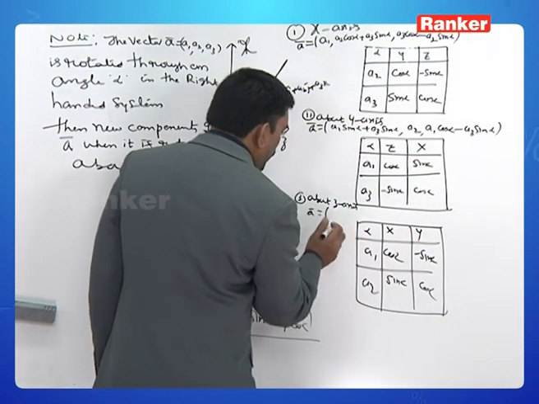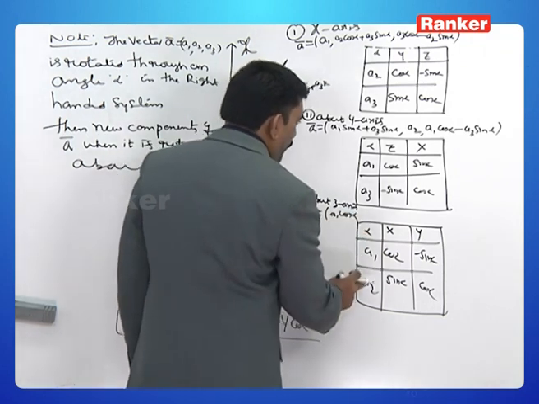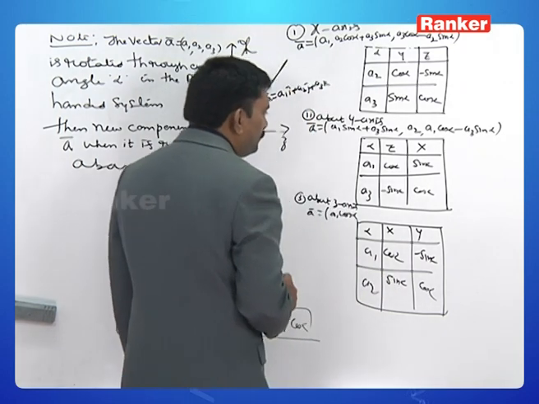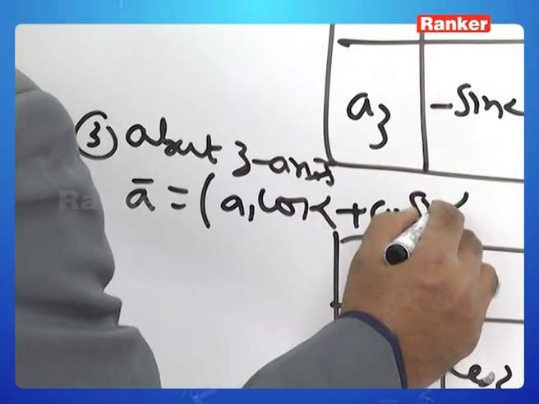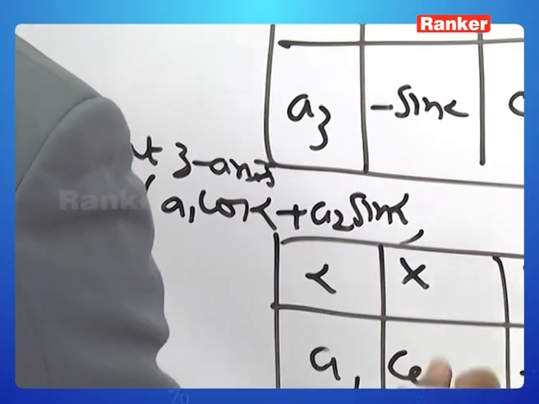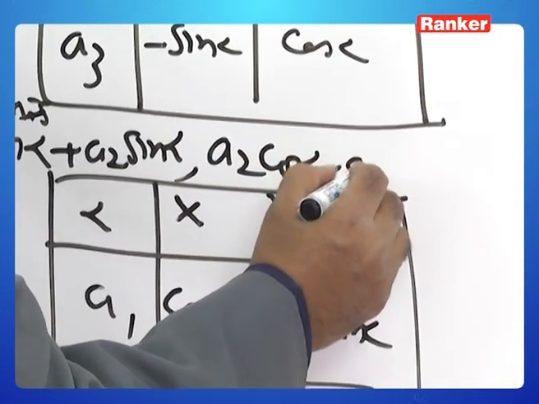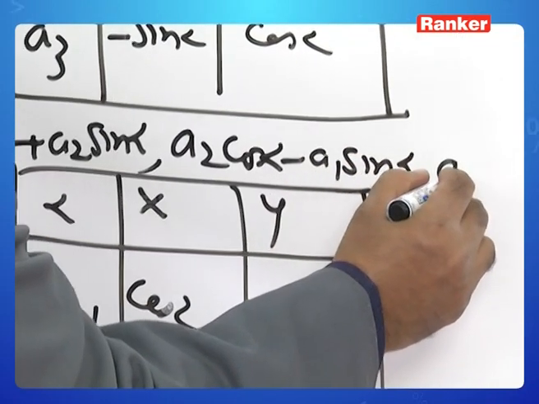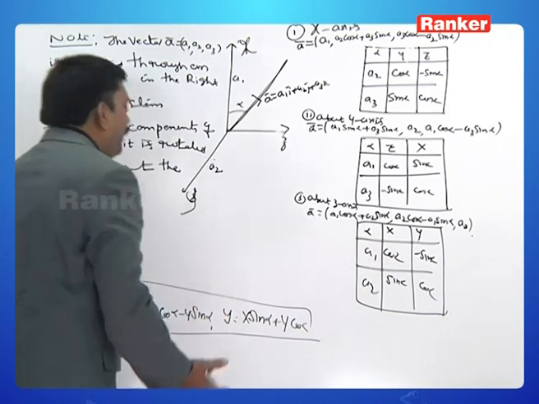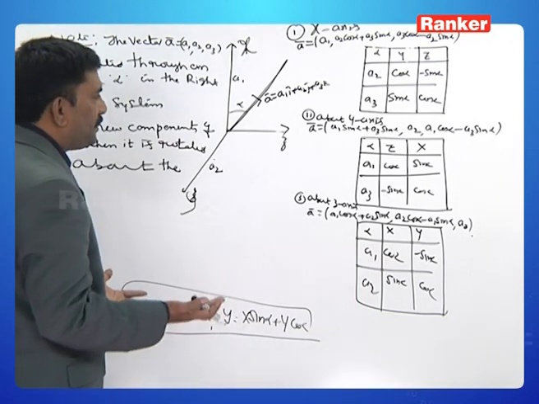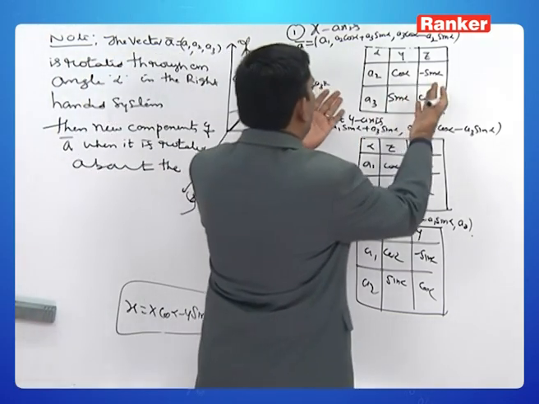Now x is a1 cos alpha minus a2 sin alpha, next y is a2 cos alpha plus a1 sin alpha, and this is a3. This concept we already know very well in coordinate system geometry, translation of axis and rotation of axis. The same thing I interpreted.